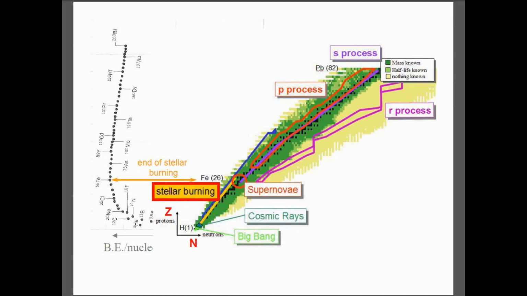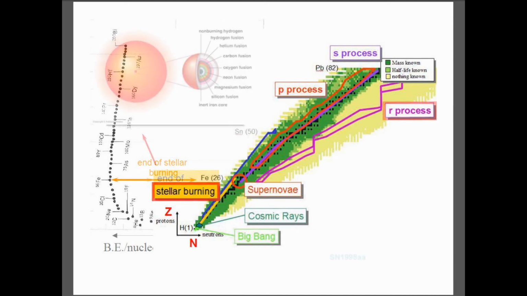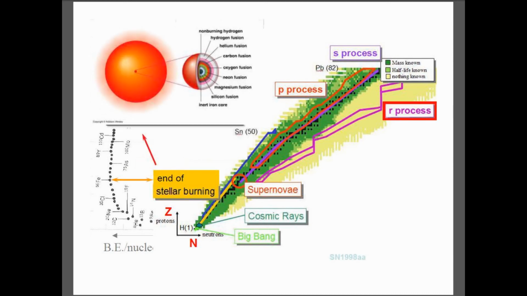This is a scheme of the thing starting from iron. Now, where does the iron come from? Iron comes from a previous generation. That star has some seeds of a previous generation, and by capturing neutrons, it can climb up the chart of nuclides.